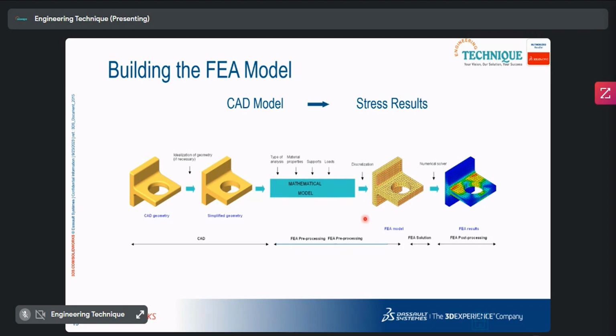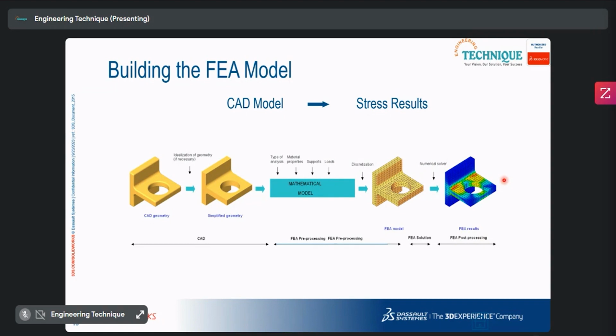Okay, and after completing this meshing, the numerical solver is applied, and that is the processing part. Then we run the simulation, and at last we get the result. The result that we get is the post-processing part. Okay, so this is the way by which we can build the FEA model. This is the process by which we can get the result.